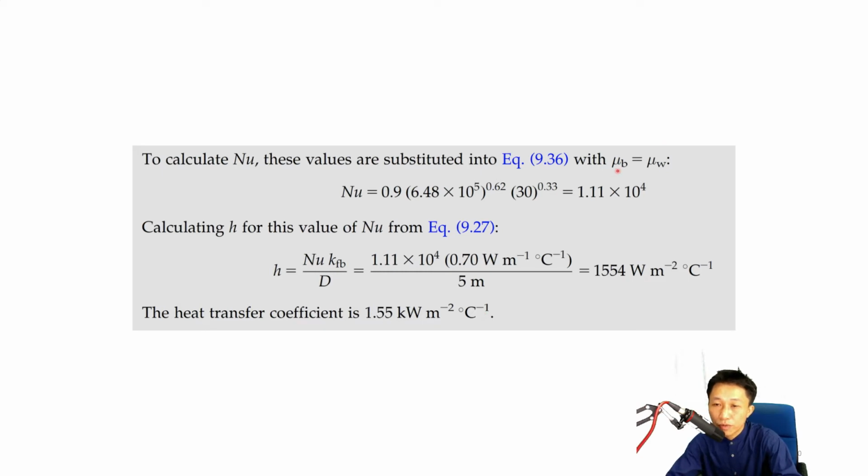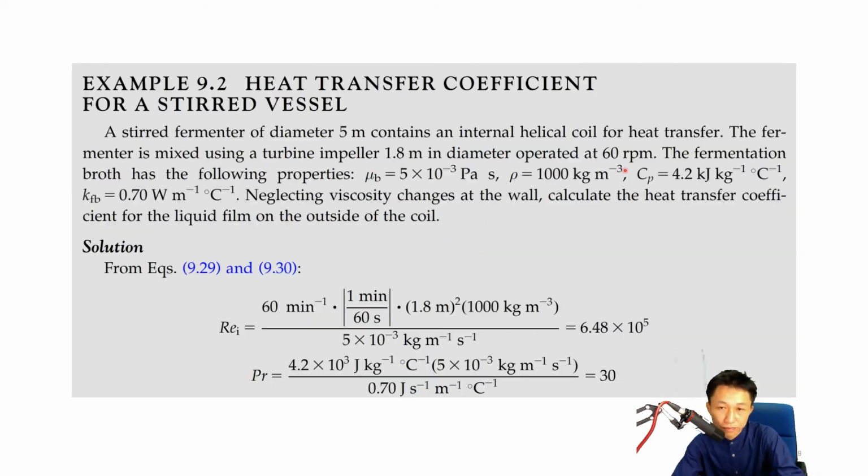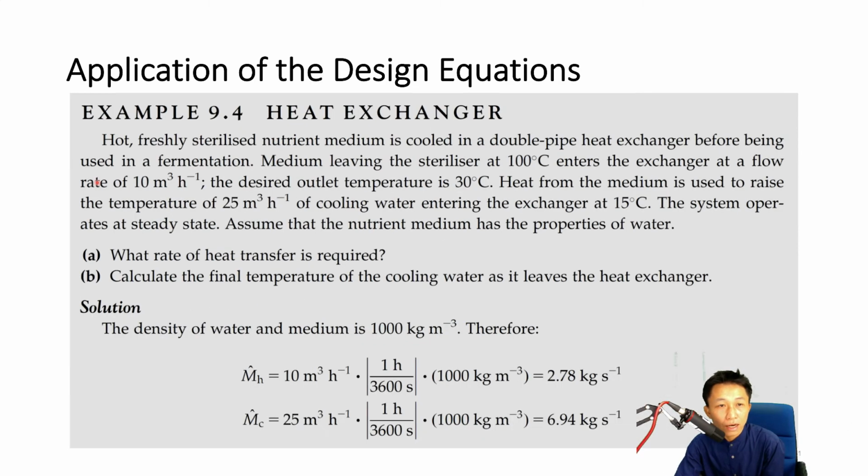Here mu B and mu water are the same, okay? Because sometimes the fermentation broth has the same properties as water because it's very dilute. Okay, for example, like that.